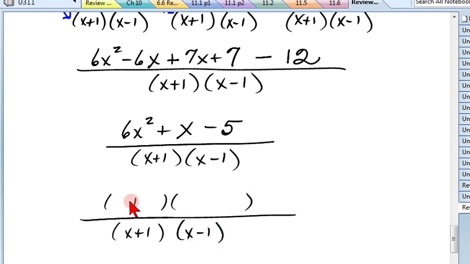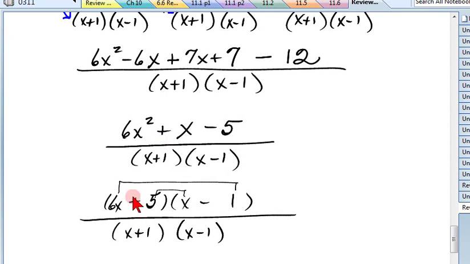All right, I know I need 1 plus and 1 minus. To get a 6, I can either use 2 and 3 or 1 and 6. I'm going with 6 and 1. And I'm going to try a 5 and a 1. And I think I've got the right value but the wrong sign. I've got the signs wrong right now. My outer product is negative 6x. My inner product is positive 5x, which would give me negative 1x, but I want positive.